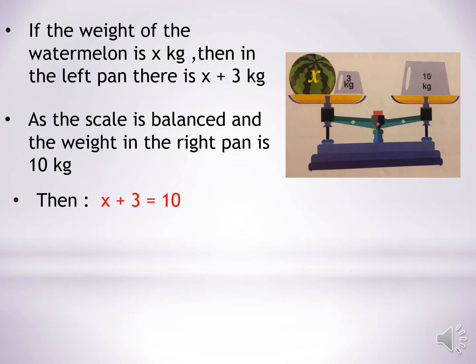Then the two pans of the scale are equal, so I have in the left pan x plus 3 and in the right pan 10 kilograms, so x plus 3 equals 10.